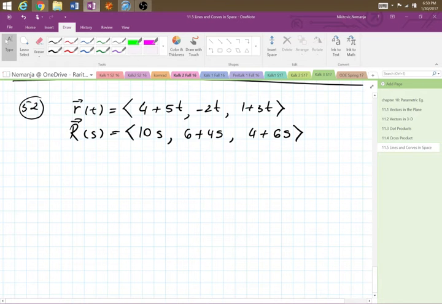So first extract vector ABC from both and compare them. See if they are multiples of each other. If they are, lines are parallel and we're done. If they're not, well, then we're going to look for a possible intersection. So what is the vector lowercase v? Vector v. 5, -2, and 3.